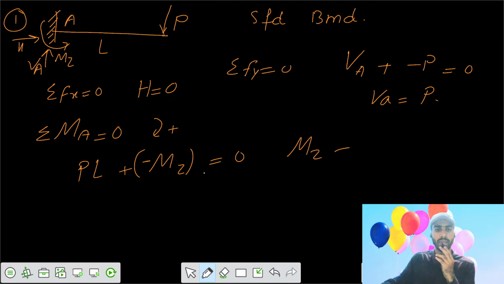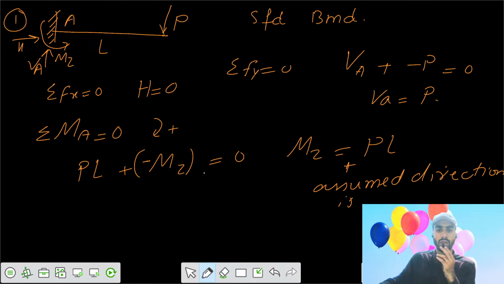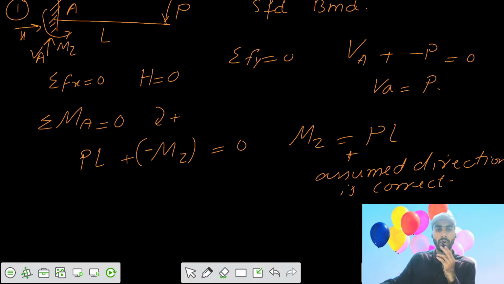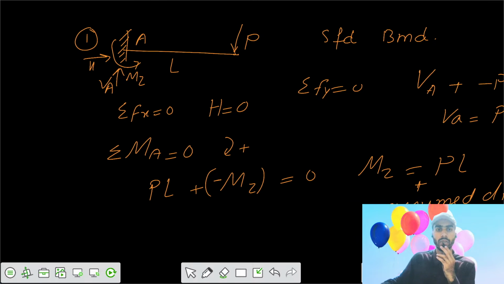So the moment M_z equals P into L. Positive means the assumed direction is correct, and that is anti-clockwise.